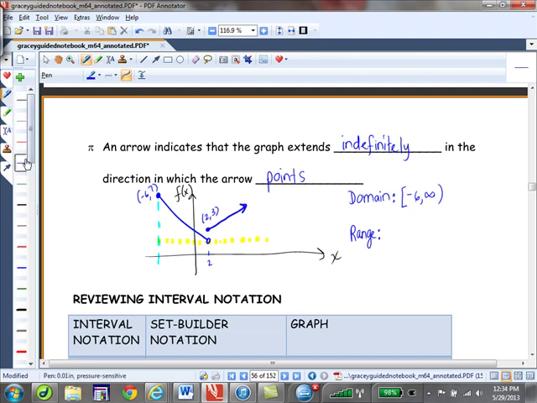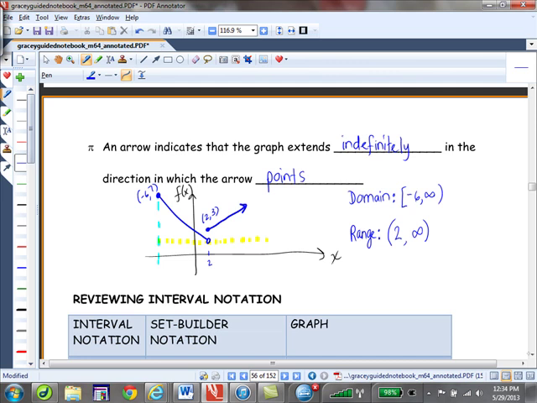So here we would end up with the graph going from 2, and then it covers all the values through infinity going up. Now, infinity and negative infinity always have parentheses at the end because they can't be included. They're just an idea. They're not an actual number. But 2, would I include or not include 2? Good. 2 is not included because it has an open circle. And the way we do this in interval notation is to use the parentheses. So square bracket if it is included, parenthesis if it's not.